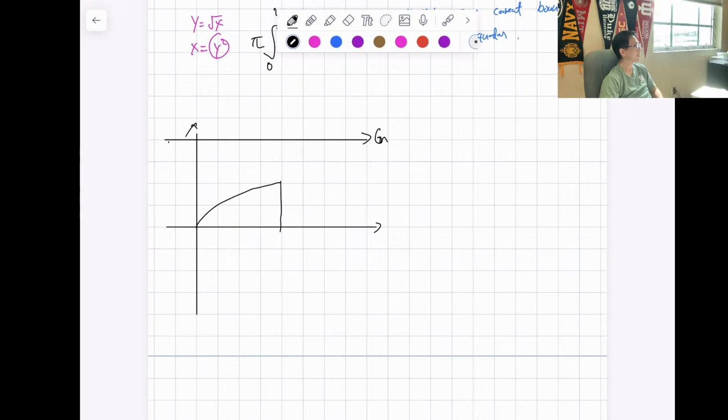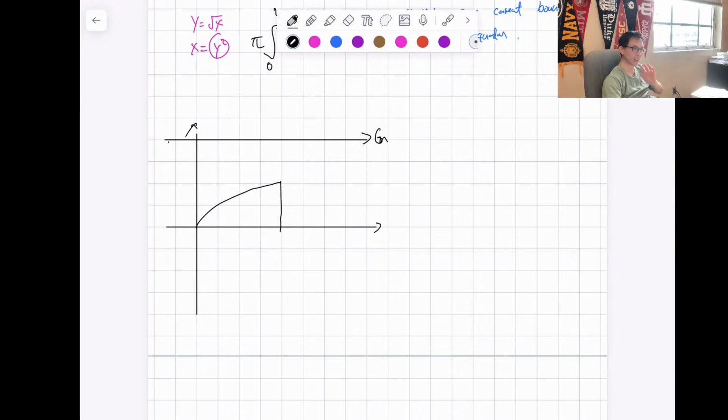And then I got parentheses 4 minus x equals something squared. I end up with the integral of pi from 0 to 4 of 4 squared minus the quantity 4 minus root x squared.